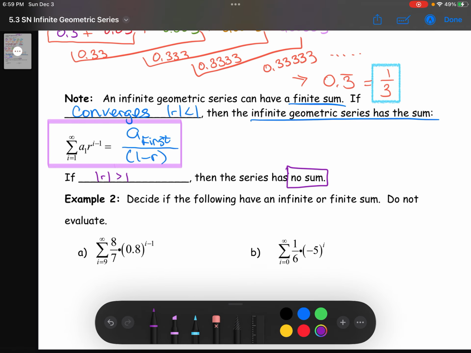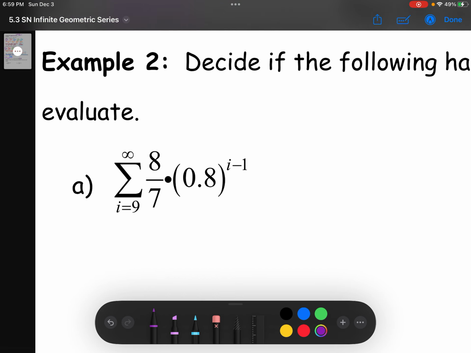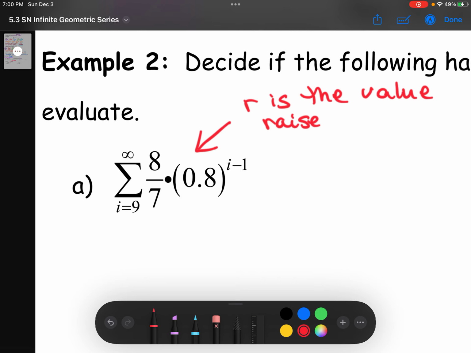Okay, let's look at a couple of examples to clear this up a little bit. Example 2a. We have the sum of the series from I equals 9 to infinity of 8 over 7 times 0.8 to the power of I minus 1. Remember that r is the value raised to a variable power.